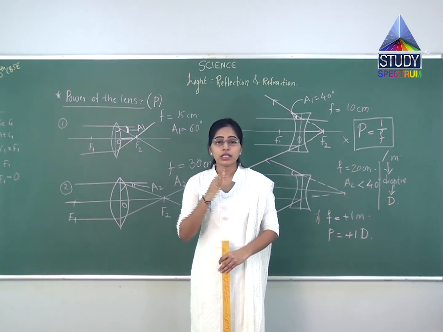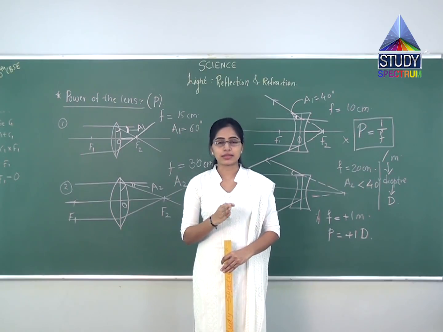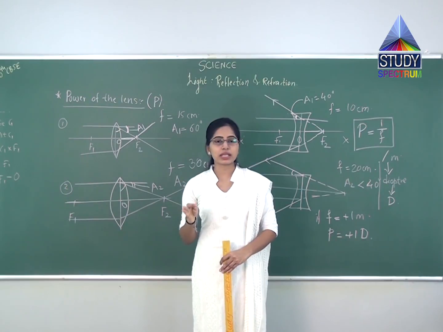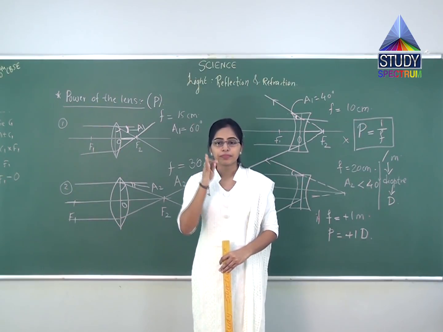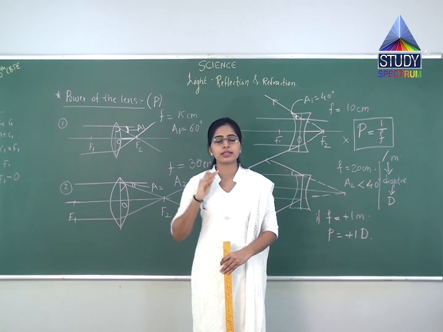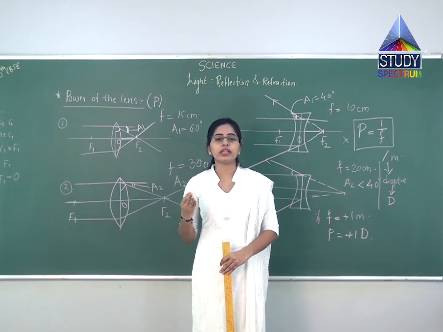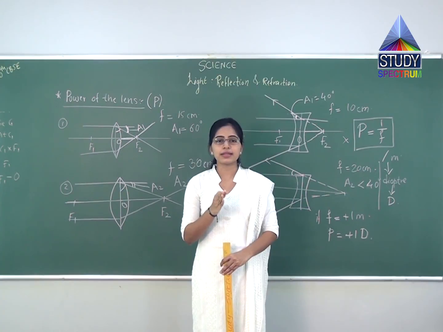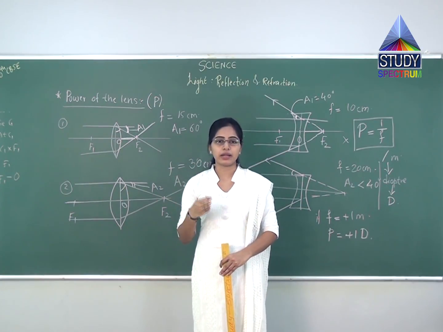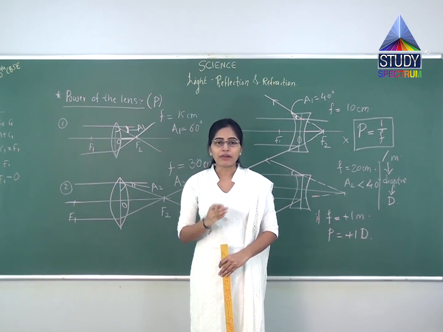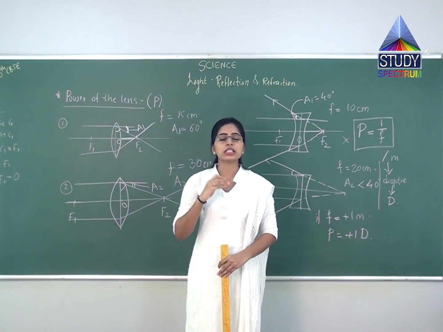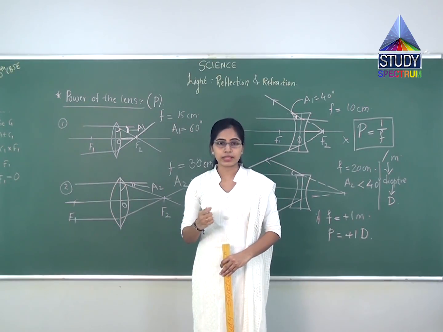And for concave lenses, the image is formed on the left hand side, on the same side as the object. That's why the focus which matters here is the focus which lies on the left hand side, that is f1. So for convex lenses f2 matters, and for concave lenses f1 matters. That's why the power of convex lenses is always positive, whereas the power of concave lenses is always negative.